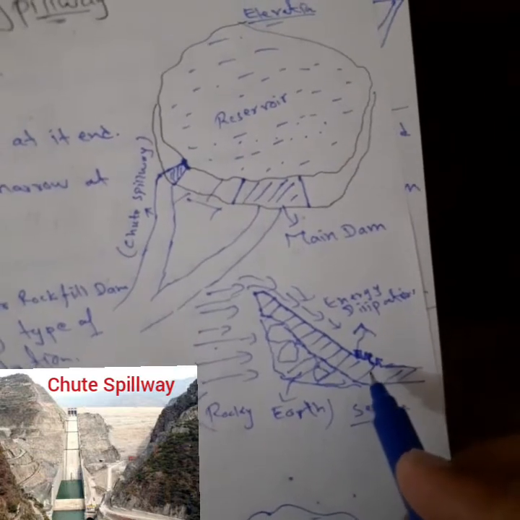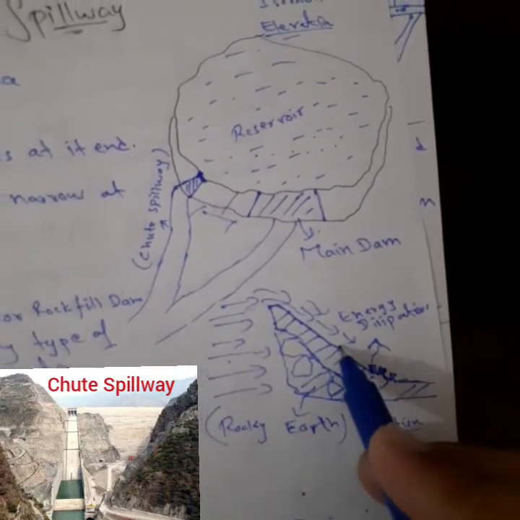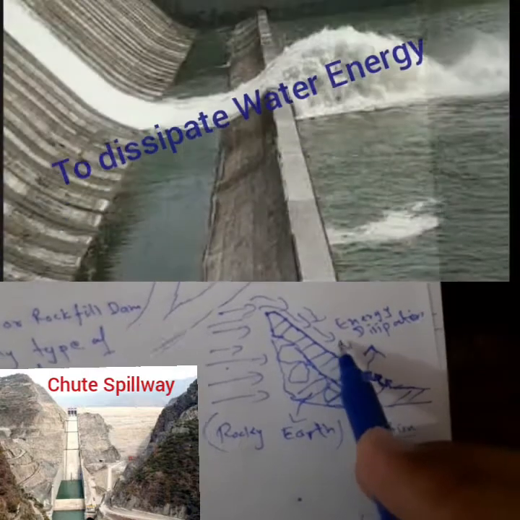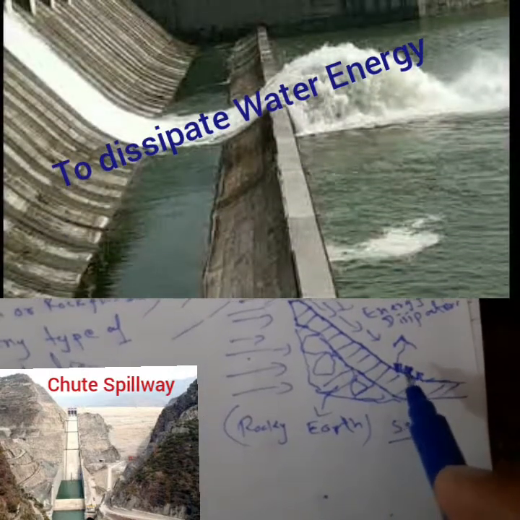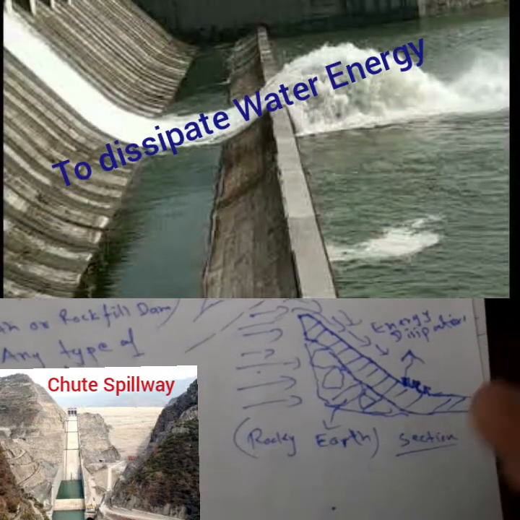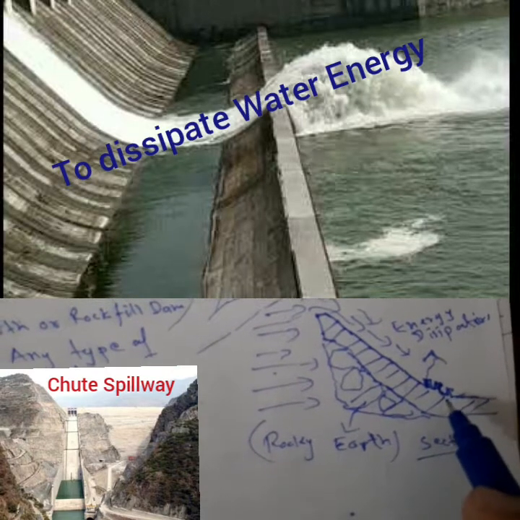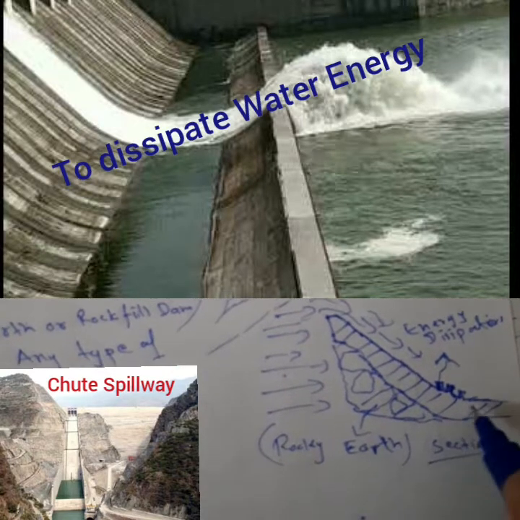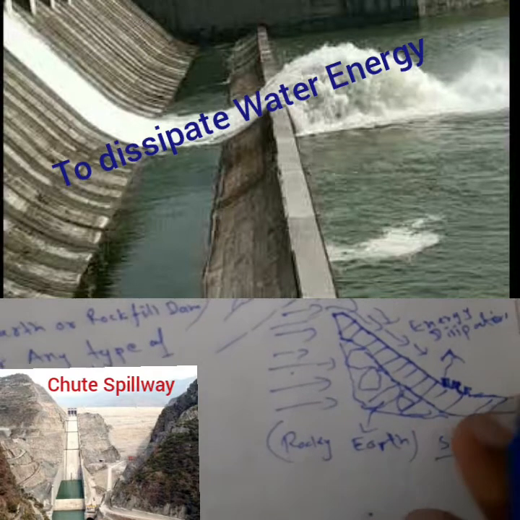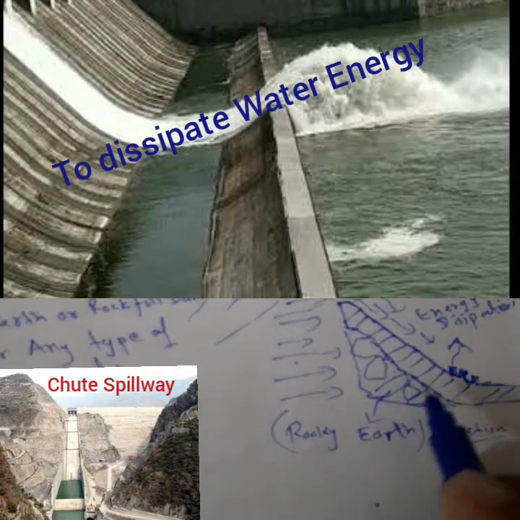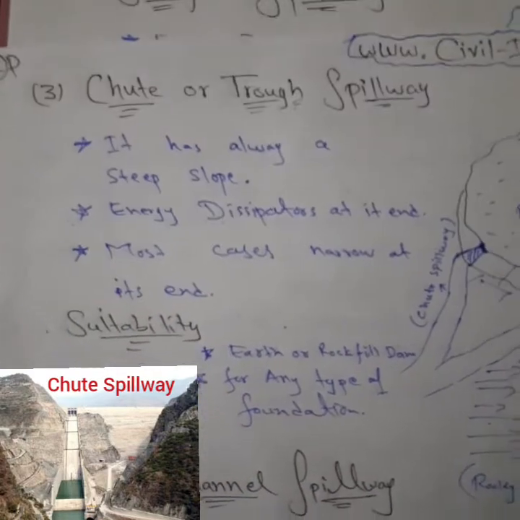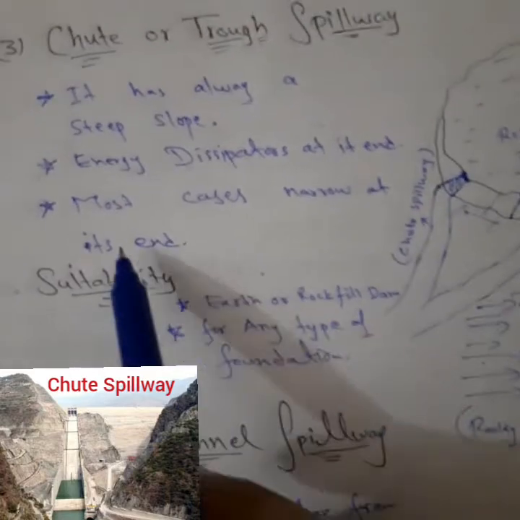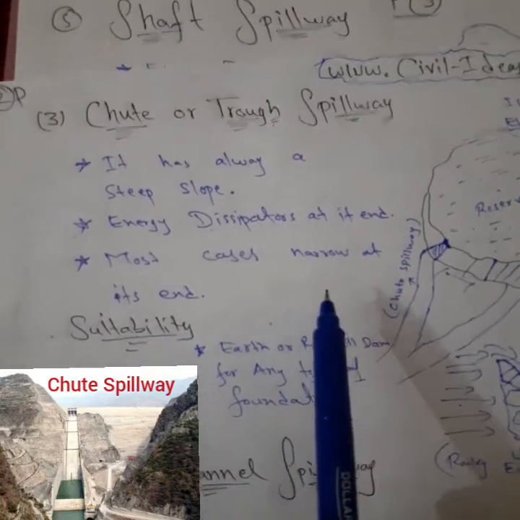You may have seen them in pictures. The dissipators are there so that the fast moving water's energy is dissipated at the trough, and then the water goes beyond this area to the main channel. So this is the trough spillway, and in most cases it is narrow at its end.